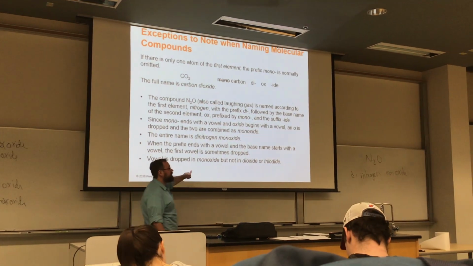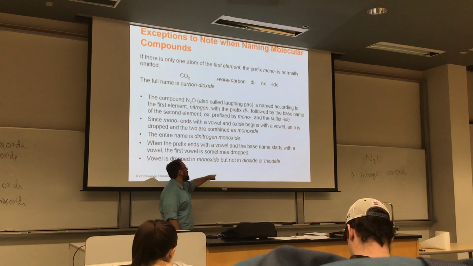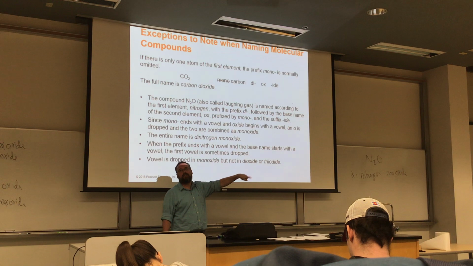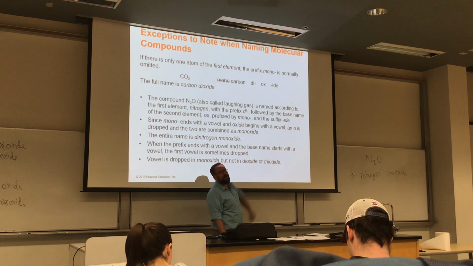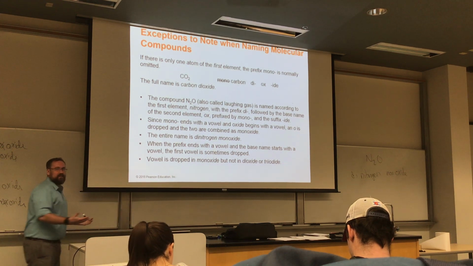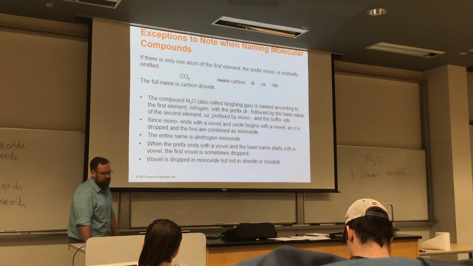My guess is, again, going back to when do we drop a vowel and when don't we? By dropping the last O in mono, we can still see enough of monoxide to know that it means one, whereas if we drop the I from dioxide, the prefix is only two letters, so we lose too much information.